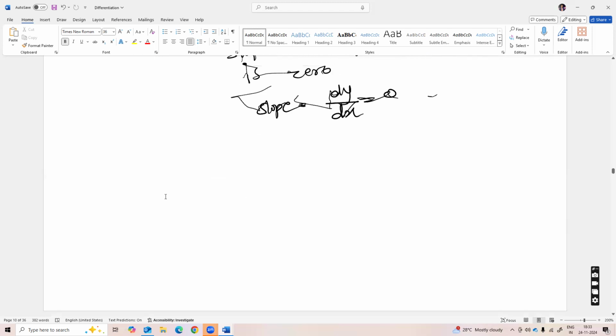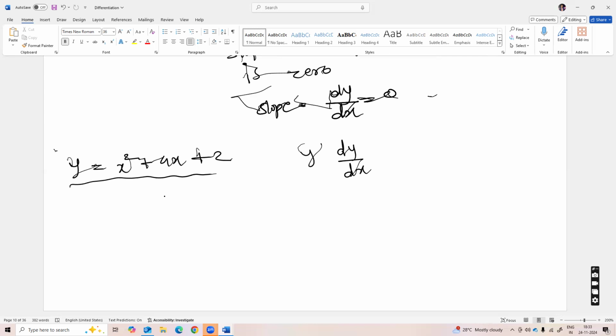So, as we have seen in the example, let's say we have a function or curve with equation x square plus 4x plus 2. To find the point of maxima or minima, we will find its derivative y dash or dy by dx, and we will equate it to 0.